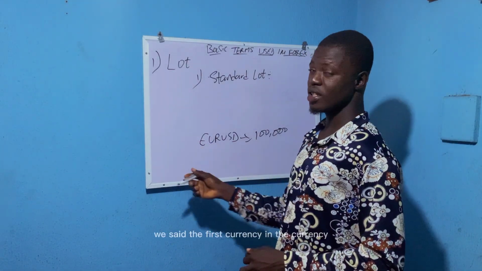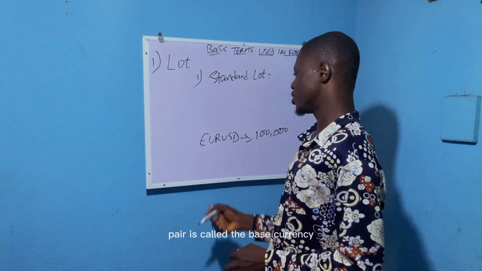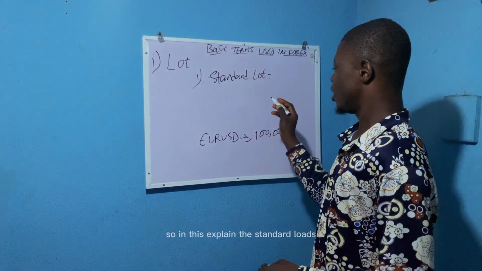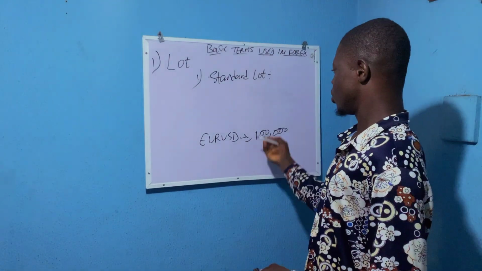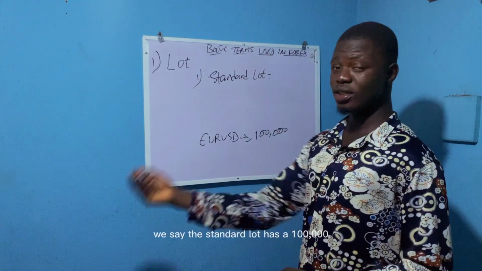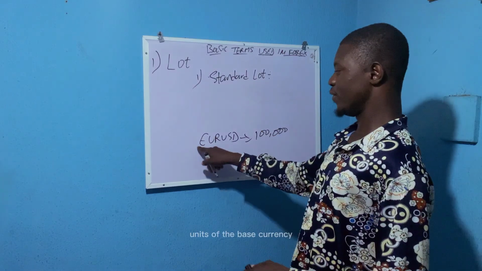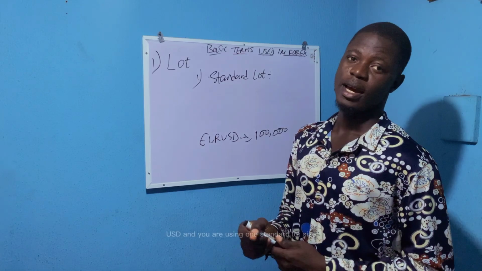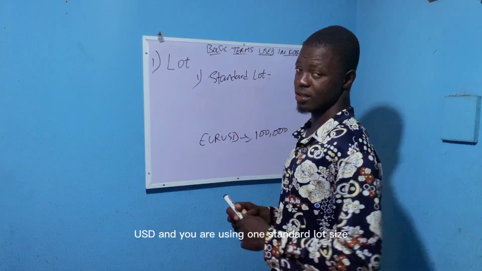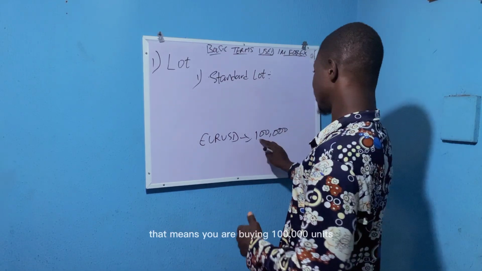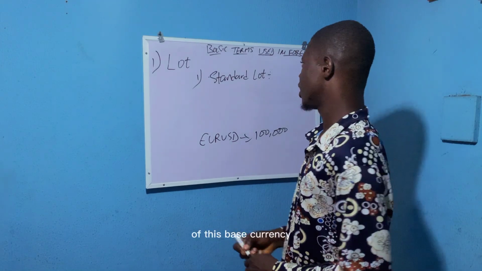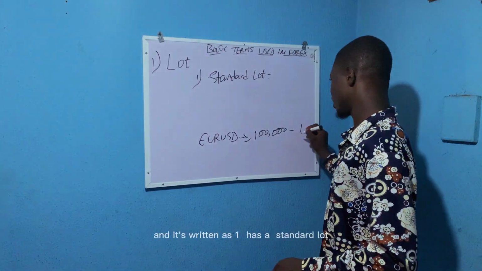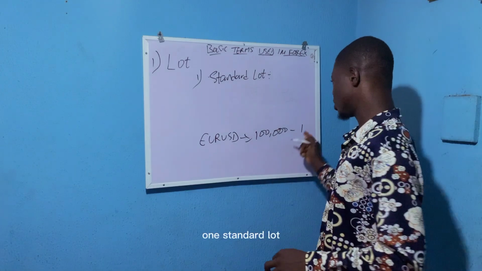We said the first currency in the currency pair is called the base currency. So in explaining the standard lot, we said the standard lot has 100,000 units of the base currency. So if you are buying Euro USD and you are using one standard lot size, that means you are buying 100,000 units of this base currency, and it's written as one standard lot.